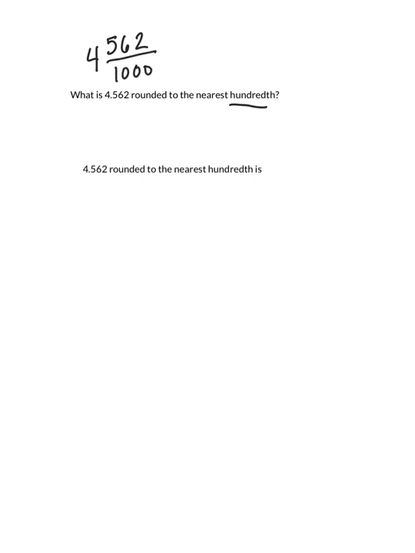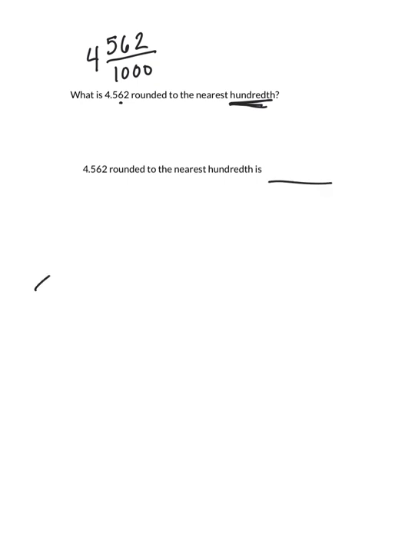So I've got whole number 4 and then this very, very small fraction to go with it. And I'm going to round it to the nearest hundredth place, okay, which is this middle place value position. Now remember, when you're answering questions about rounding, it's probably helpful to answer it in a complete sentence. 4 and 562 thousandths rounded to the nearest hundredth is blank. We'll fill in the blank.